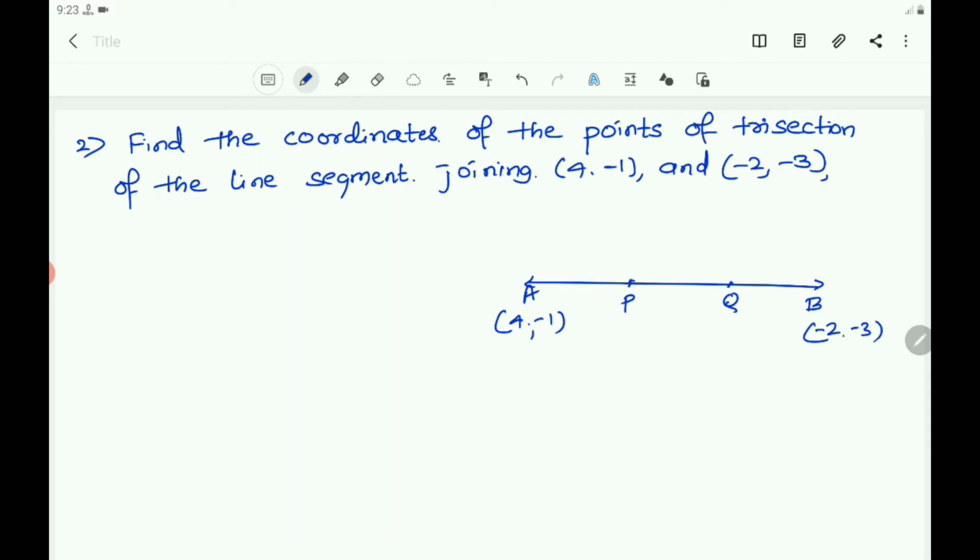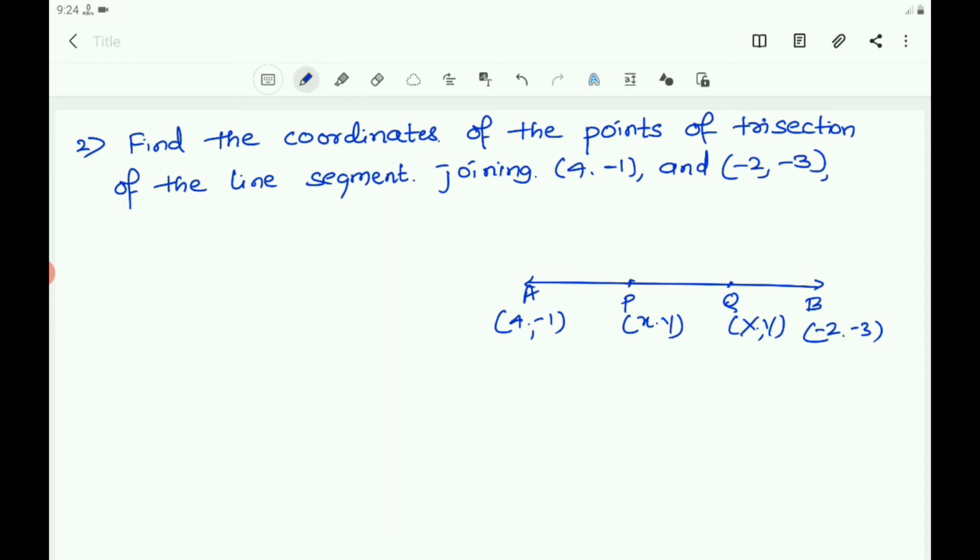Let the points of trisection of the line segment AB be P of coordinates xy, and Q of capital X, capital Y. Here the trisection points are P and Q. Let us have the coordinates of the point P as xy, and coordinates of the point Q as capital X, capital Y.